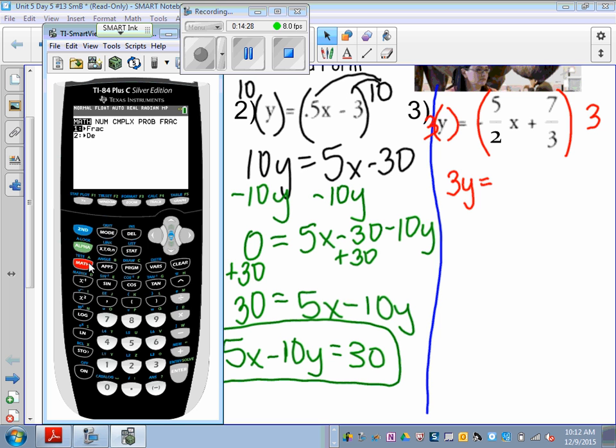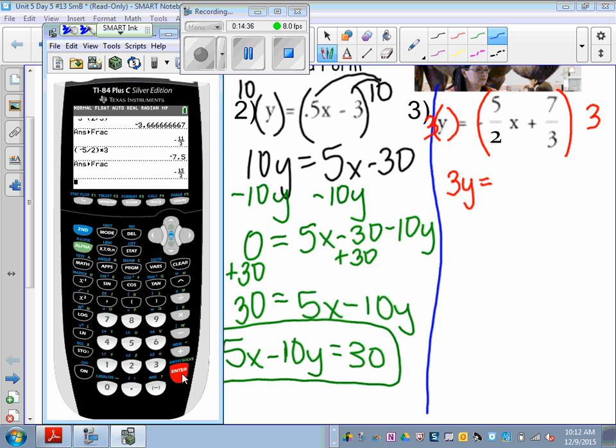Change that to a fraction. Please remember that you have to keep putting fractions on at the start of the fraction. So we get -15 halves x, and 7/3 times 3 ends up being just 7.